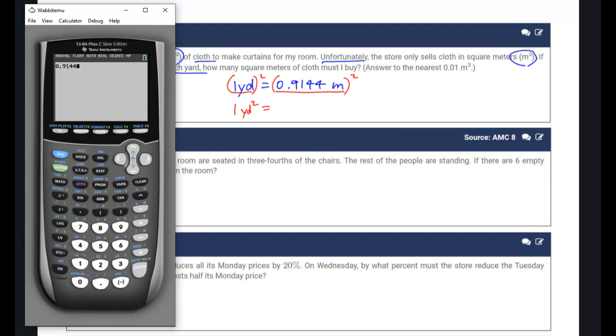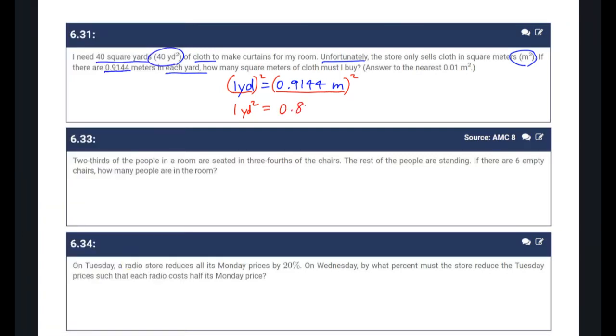Do you see the numbers? It's kind of small, but you can see it. And if you square that, that's going to be 0.83613 blah blah, square meters.